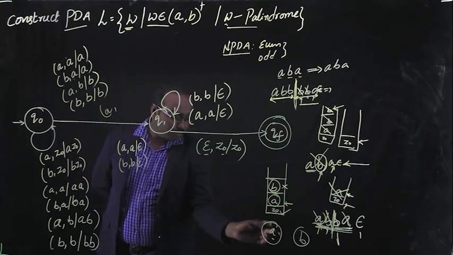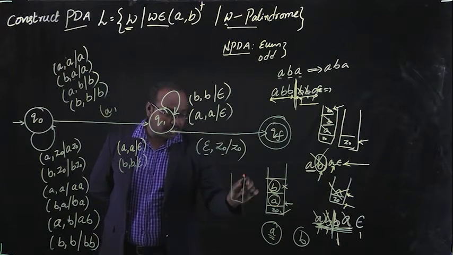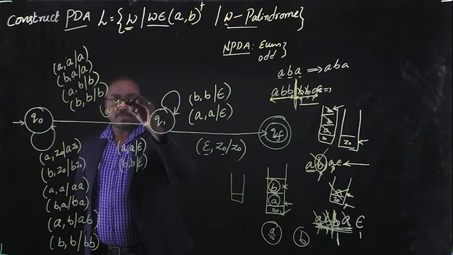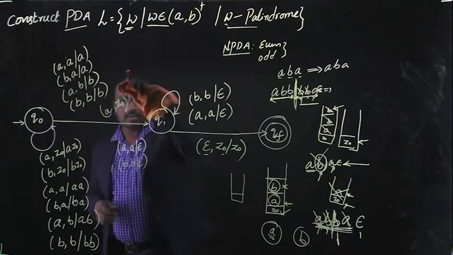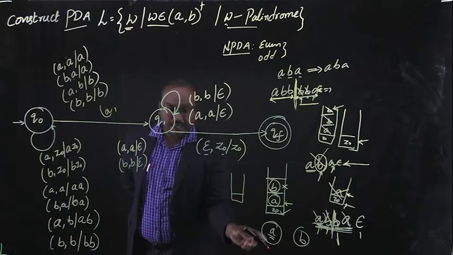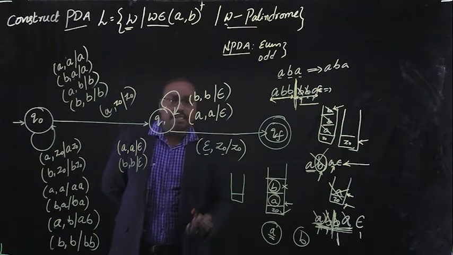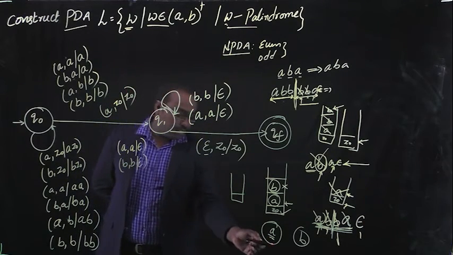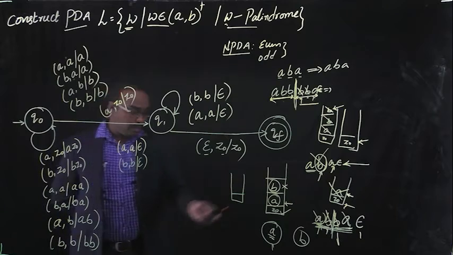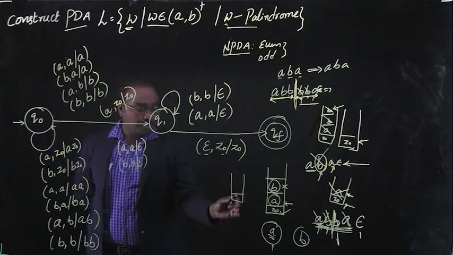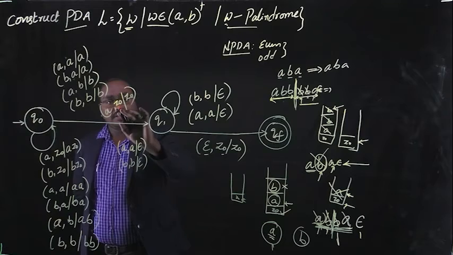We are taking only one input symbol, that means only A. So if the input symbol is A and the stack's top symbol is Z0, then for taking single-element palindrome strings, like A, B, so single A and single B are also palindrome strings, we can leave the top of the stack as Z0.